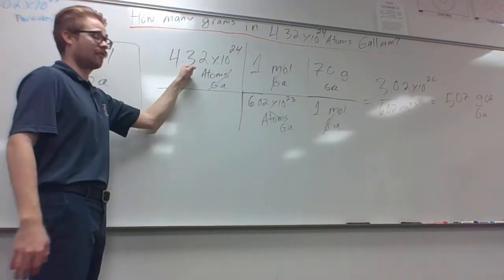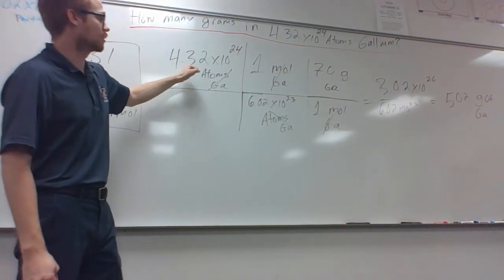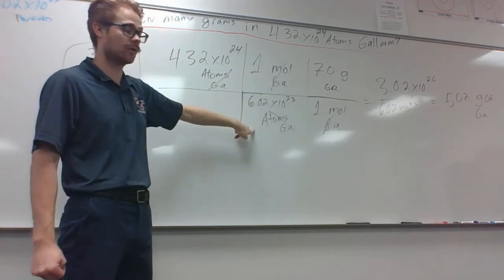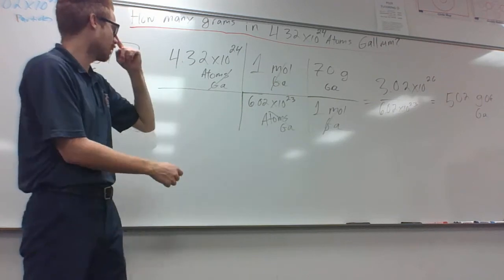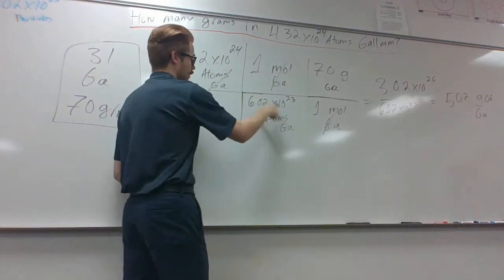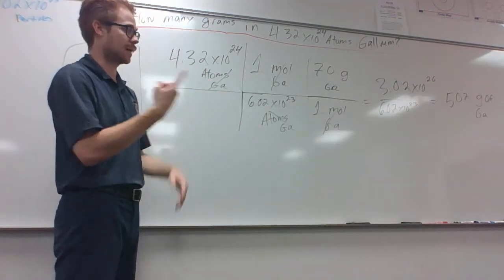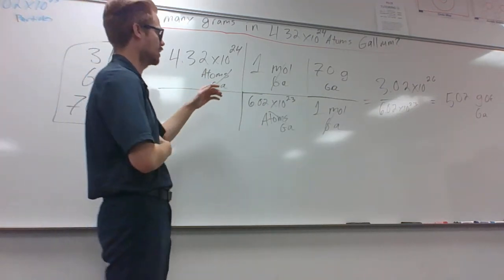So, start off with our given, multiplied by the inverse of Avogadro's number, 1 mole over 6.02 times 10 to the 23rd. We do that because we need to cancel out our atoms of gallium. Atoms divided by atoms cancels to 1, which means it doesn't affect our equation anymore.